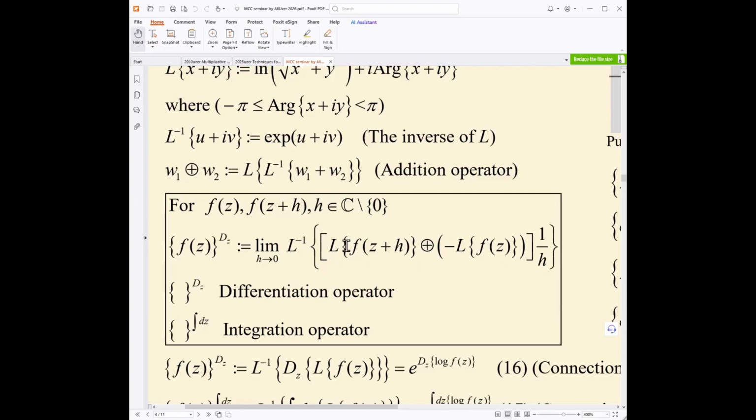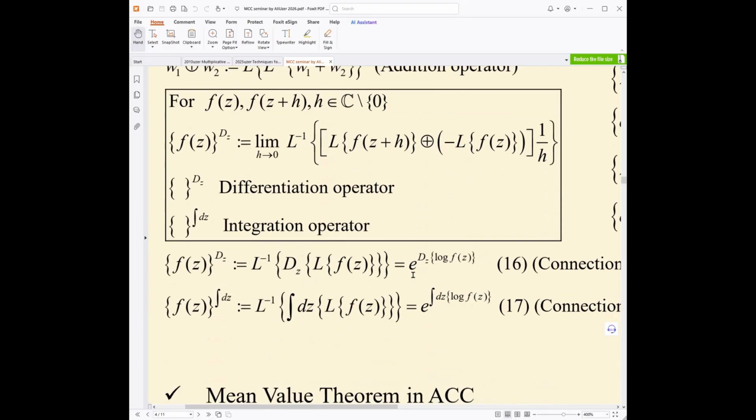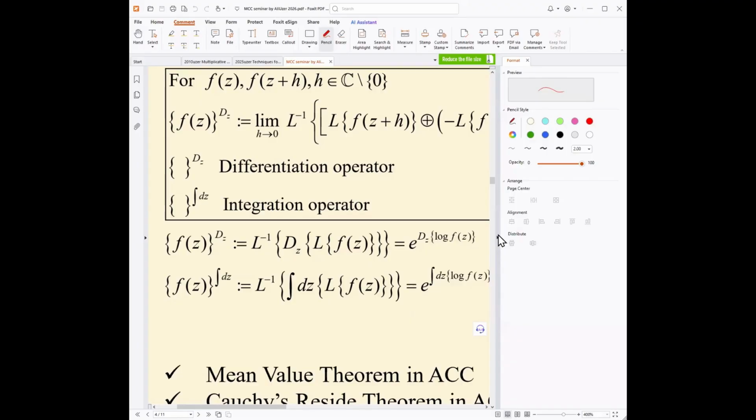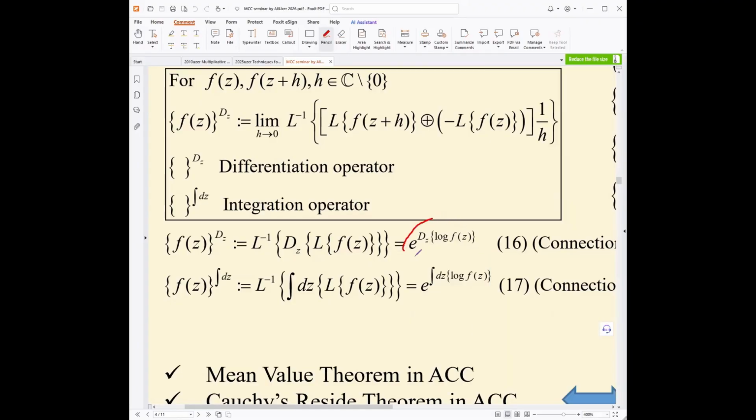This derivative will be different from the conventional derivative. A careful analysis shows that there is a relation between the normal derivative and the new kind of derivative, this multiplicative derivative. I can show you this. You see the right-hand side of this equation, an exponential function, and the left-hand side is the new definition of the derivative. Therefore, a connection formula between the conventional classical calculus and the new calculus is given by this equality.